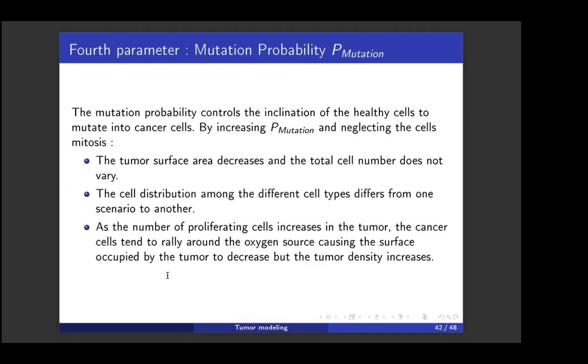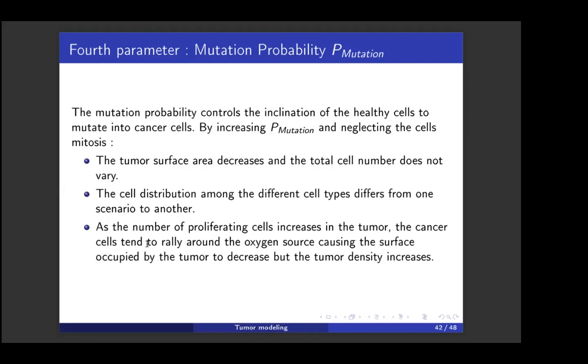The last parameter is the mutation probability, which controls the inclination of the healthy cells to mutate into cancer cells.